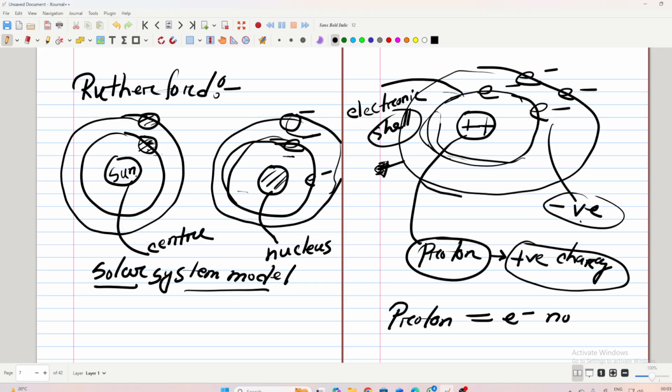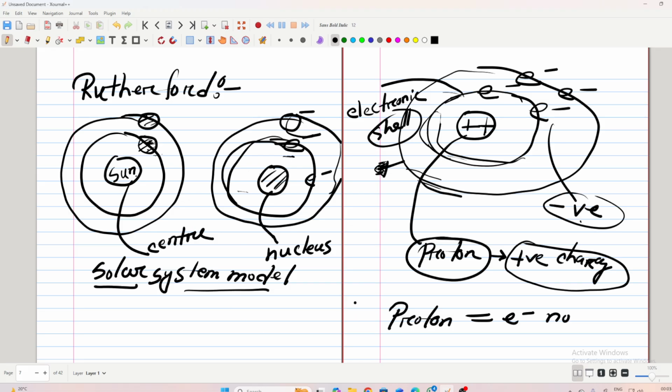If an electron has this much energy, then the electron can rotate in this shell around the nucleus. Am I clear? So you just have to remember or memorize that these are called electronic shells.